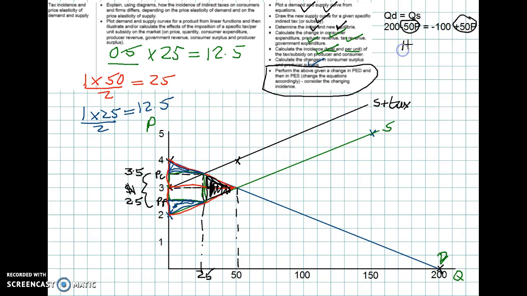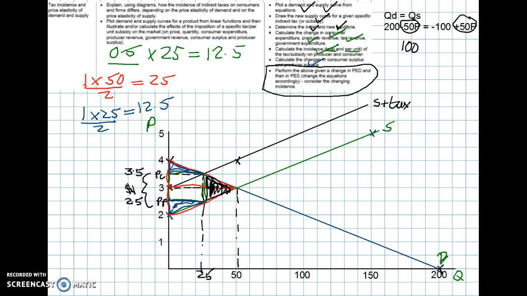If we changed the linear equation for demand to 100, that means it's going to be more elastic. So if we change that, we'd probably expect more burden to be on the producer, and we'll just have to show that.